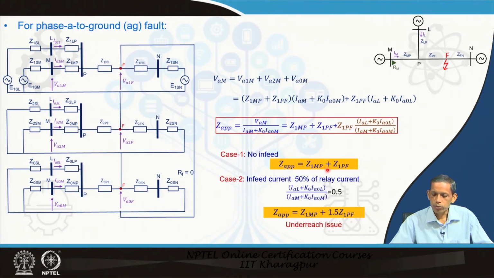So, as compared to the two terminal equations and the related Z apparent calculation, this impedance is now in the presence of the source at L, which we call infeed current contribution. If that infeed current is 50%, then the corresponding apparent impedance becomes this. As compared to the earlier apparent impedance, this will be higher, which means the relay will have an underreach issue for this kind of infeed situation from the distance relay protection perspective.